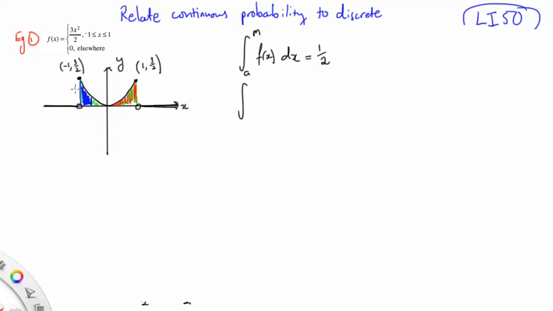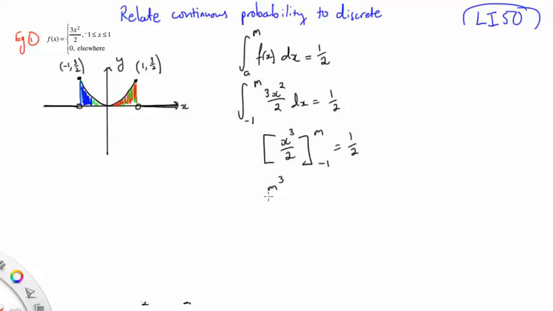So a is just your left interval of -1. m's the median we want to solve for. f of x is our function, and that equals a half. Now we need to solve for m. So we're going to add 1 to the power, divide by the new power, and we're going to do our substitution.